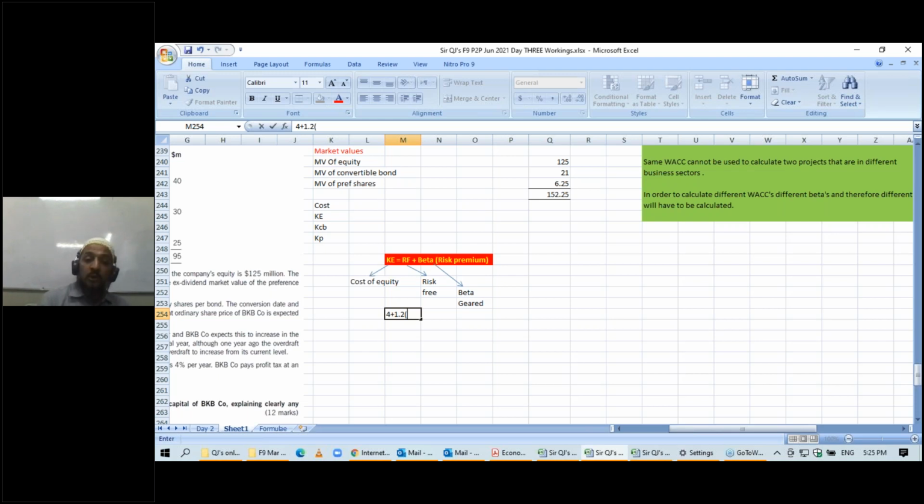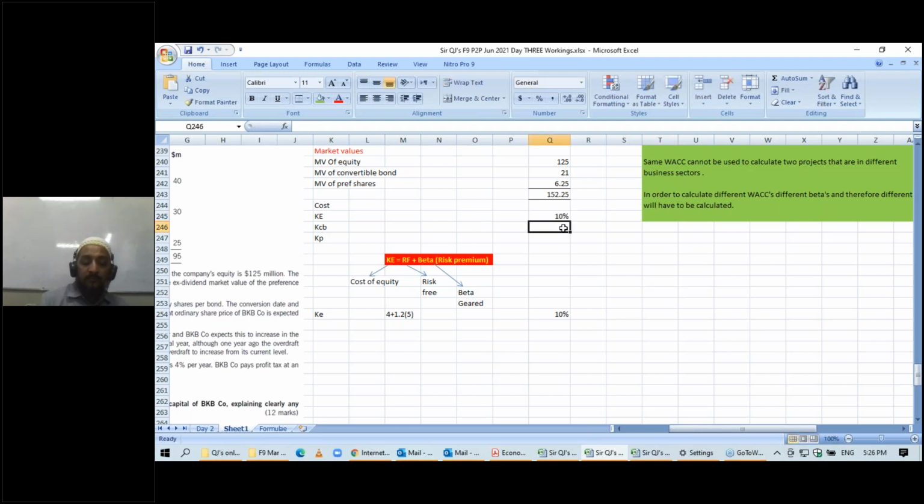So the cost of equity will also be greater than the return expected from a market portfolio. And if beta is less than 1, then the cost of equity will be lower than the market return. The risk premium is 5%. This gives you a cost of equity of 10%. So that's our cost of equity, 10%.